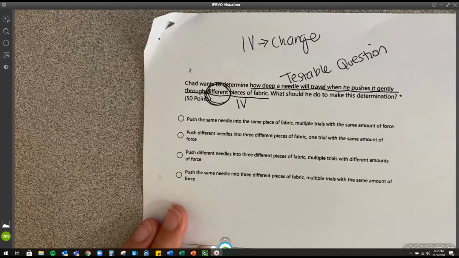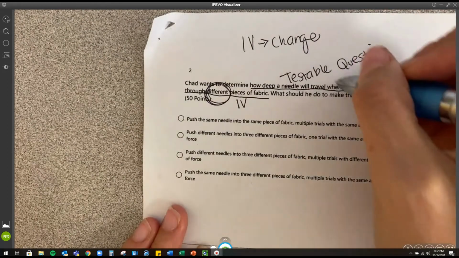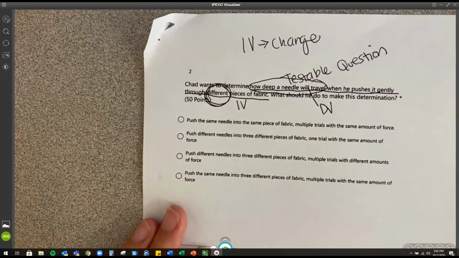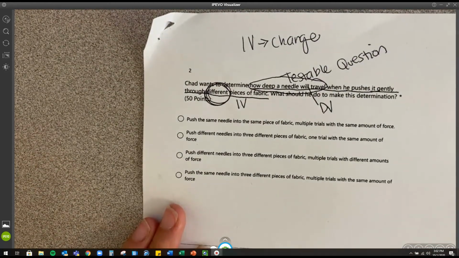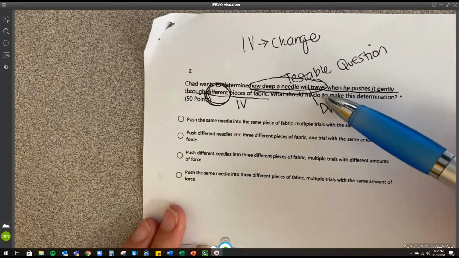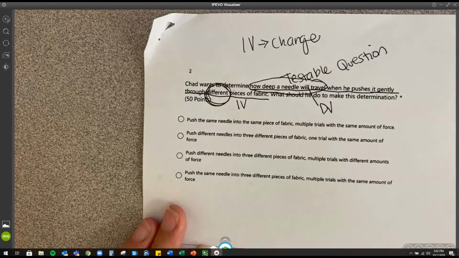What do I want to test? Go ahead, Curly. Absolutely. How deep the needle will travel is my DV. That's what I am testing. I'm testing which fabric is going to have the needle go deeper.